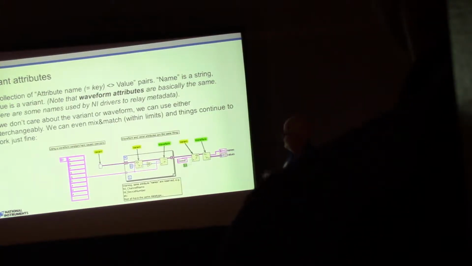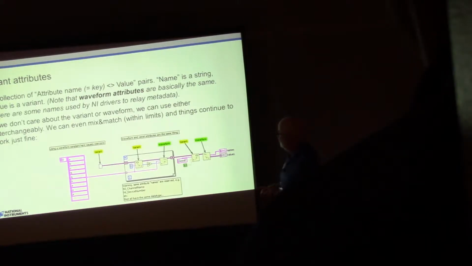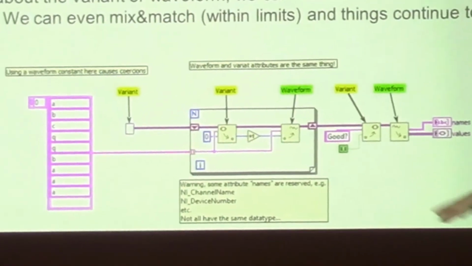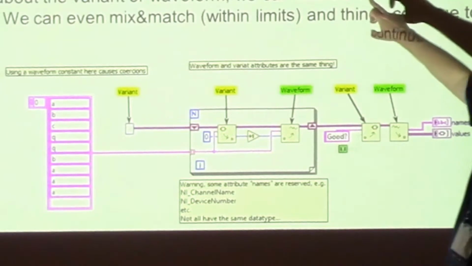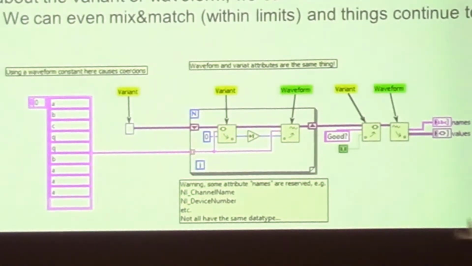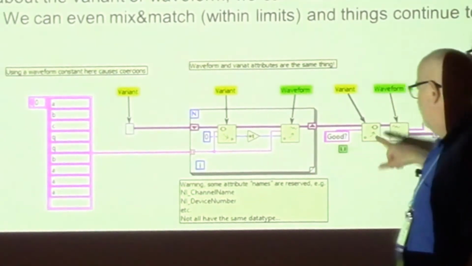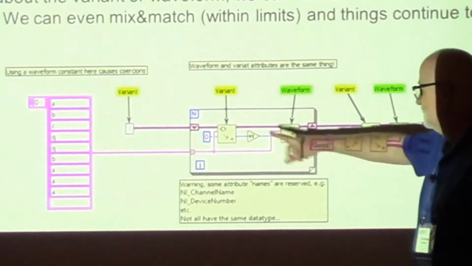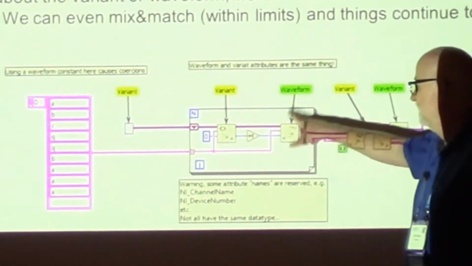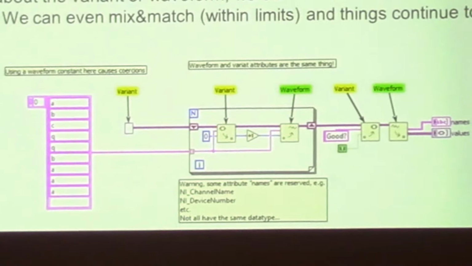The variant attribute name is the key, and the value of that variant attribute with that name is the value. There's also waveform attributes, which are the same thing. You can actually mix and match, and all this works. It doesn't care if it's not a waveform. And so they use the same underlying thing.